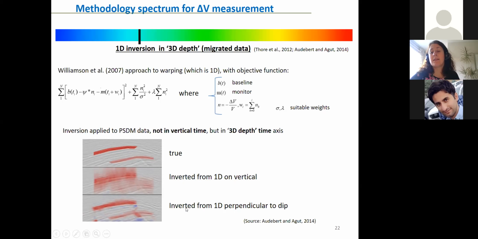And this is the same equation, but now applied onto this 3D depth time axis, which is actually perpendicular to the dip direction. So pretty good agreement between the true and this improved algorithm, and much better localization of the velocity change.